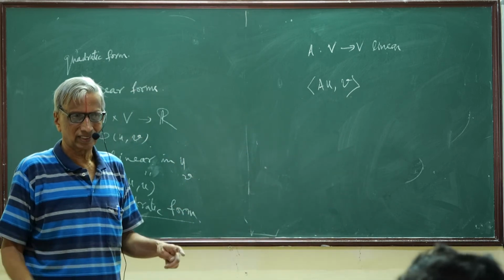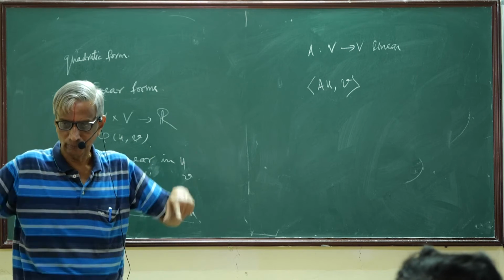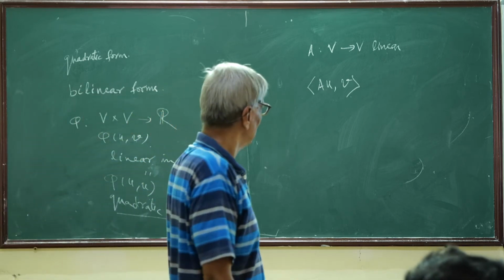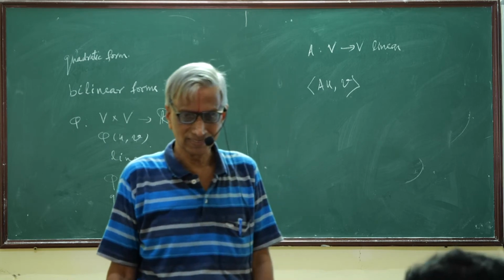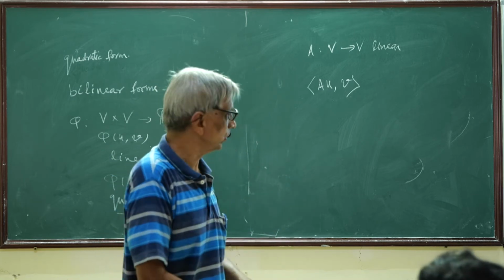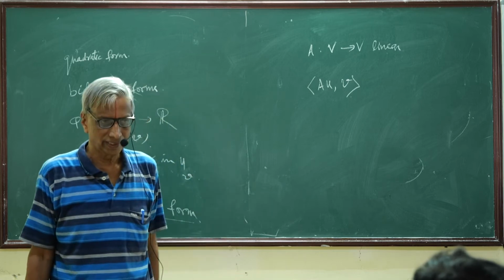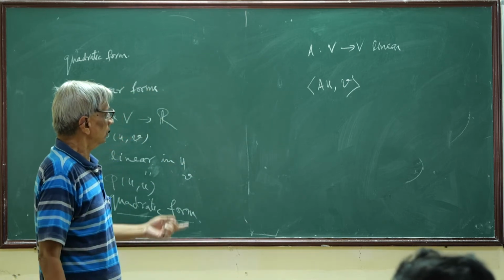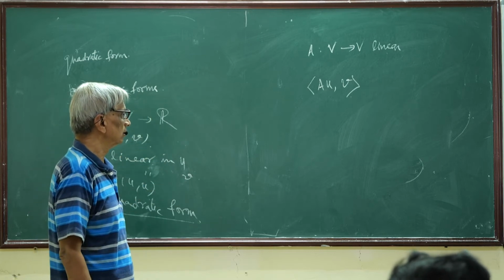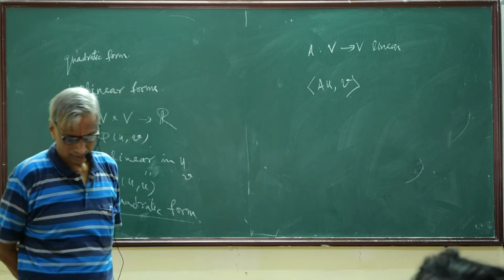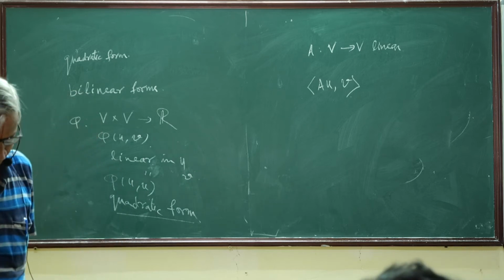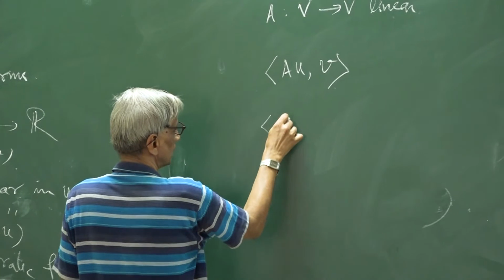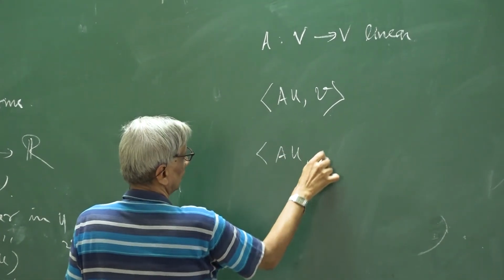AU dot V. We either write dot or put the bracket like this, the angle bracket for inner products: the usual Euclidean inner product, AU dot V. So this is an example of a bilinear form, and the corresponding quadratic form is like this.